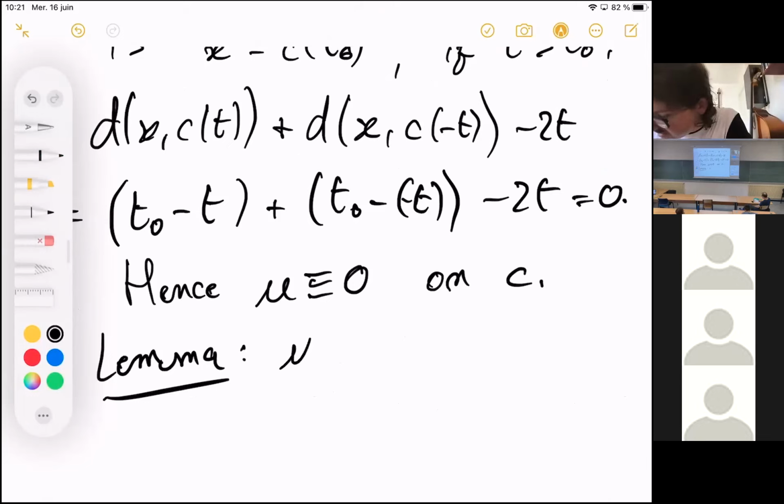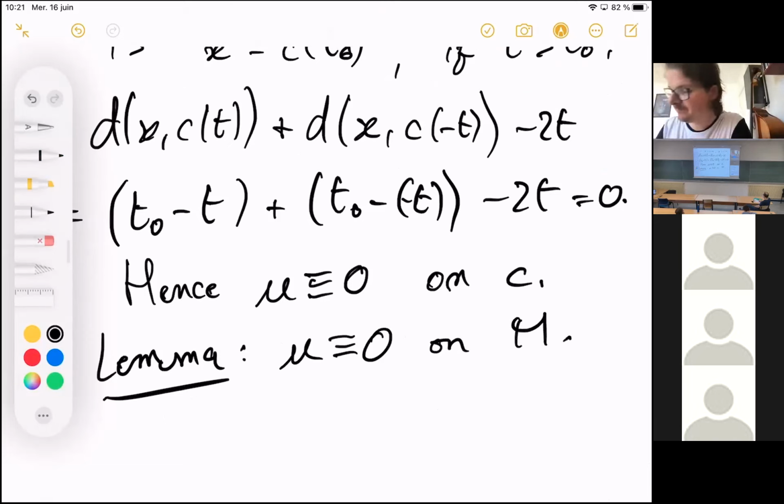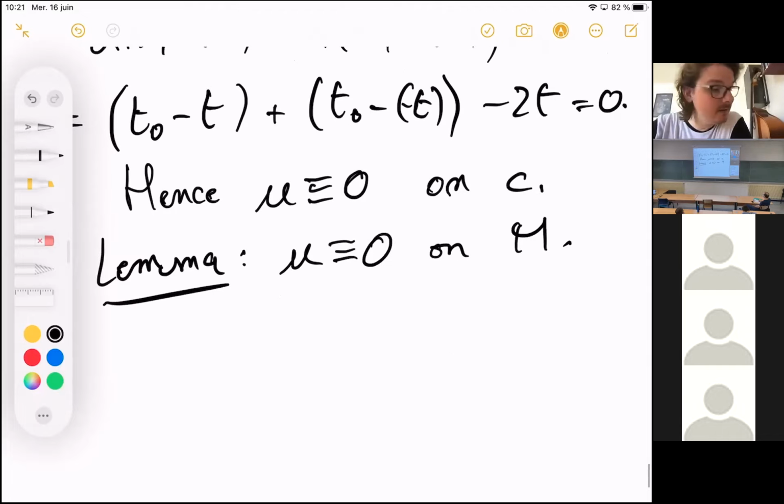So the lemma is that u is identically 0 on M. Okay, so how do you prove that?